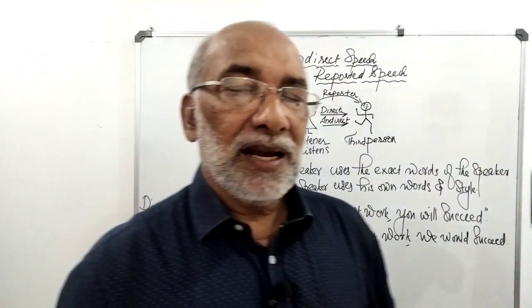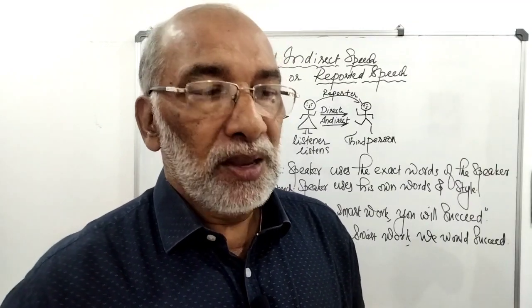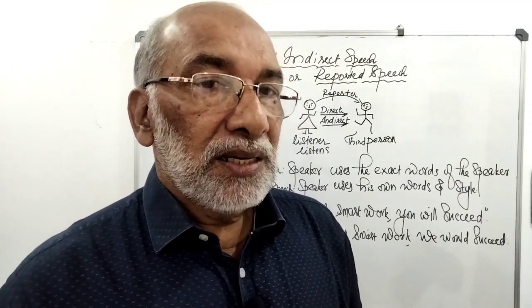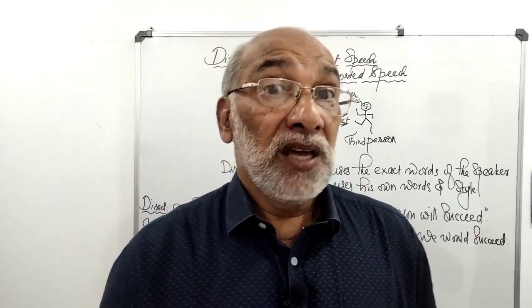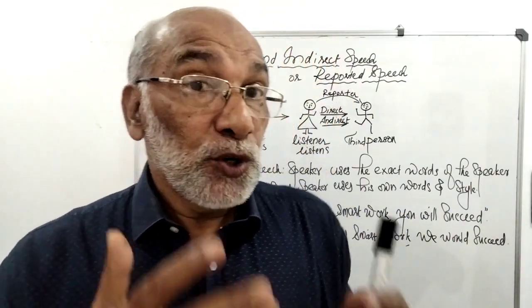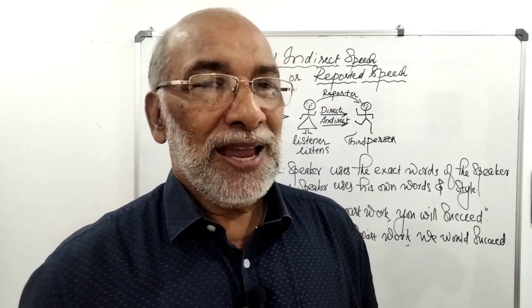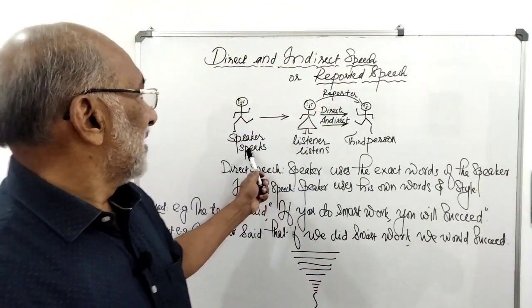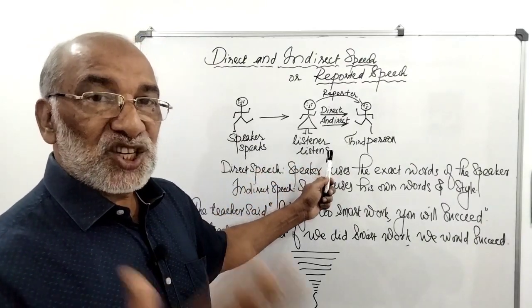And see, let's bring this sentence to a classroom situation. Okay, in a particular class, the teacher says to his or her students, "If you do smart work, you will succeed." And see, the speaker is the teacher, and the listeners are the students.